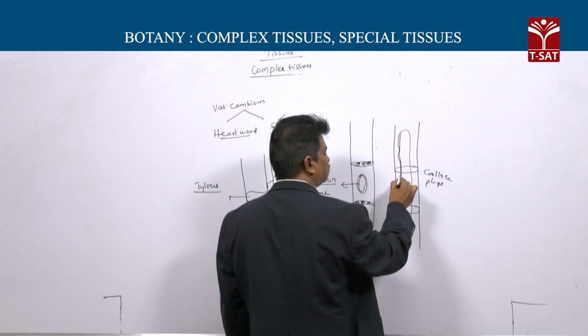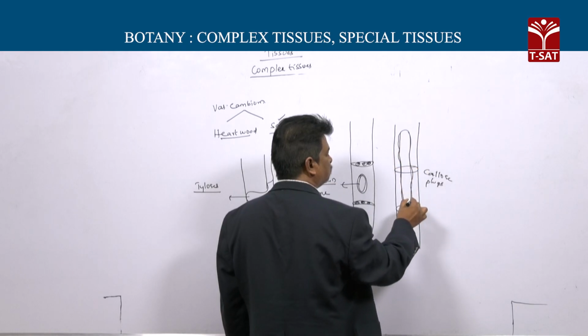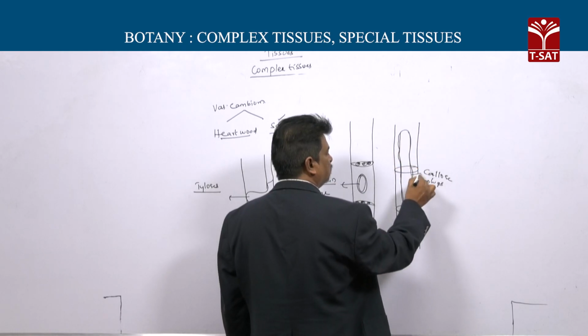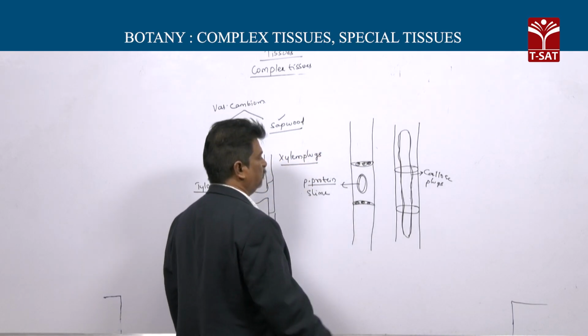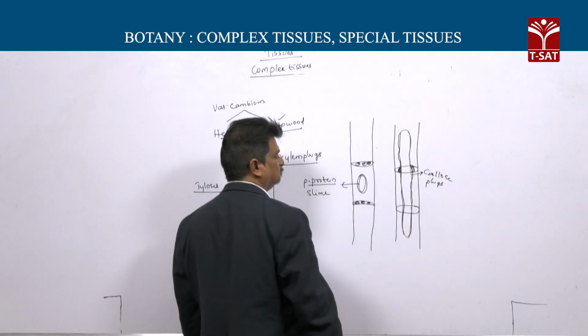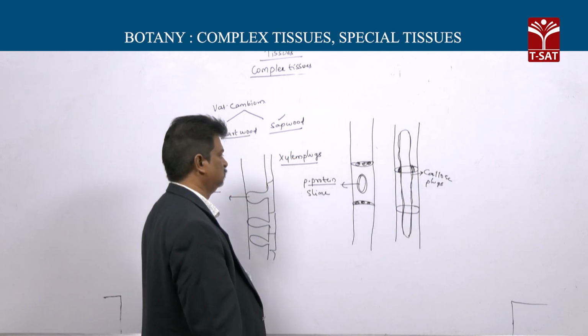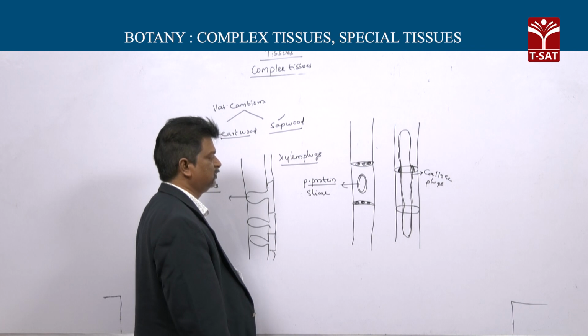Around that cytoplasmic strands, a thin carbohydrate layer is present. This thin carbohydrate layer is called callose. And in old phloem, this callose blocks the sieve plates, so rightly called callose plugs.